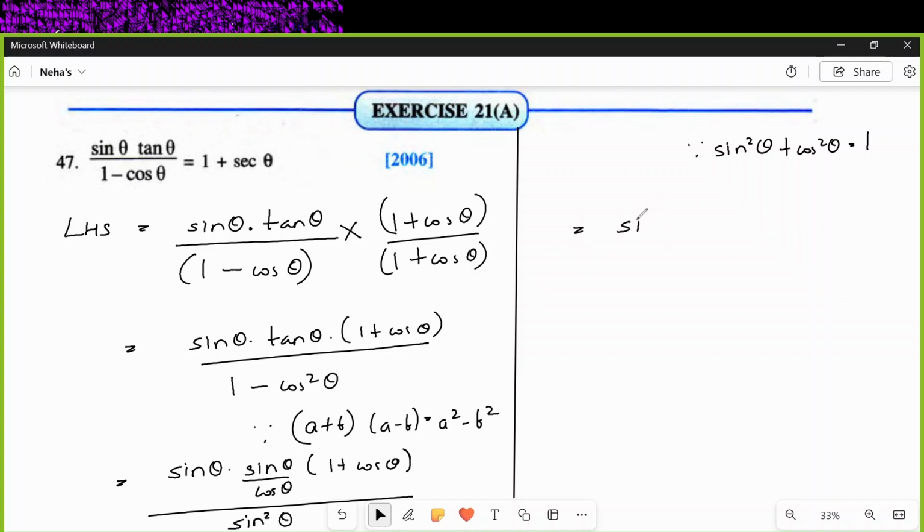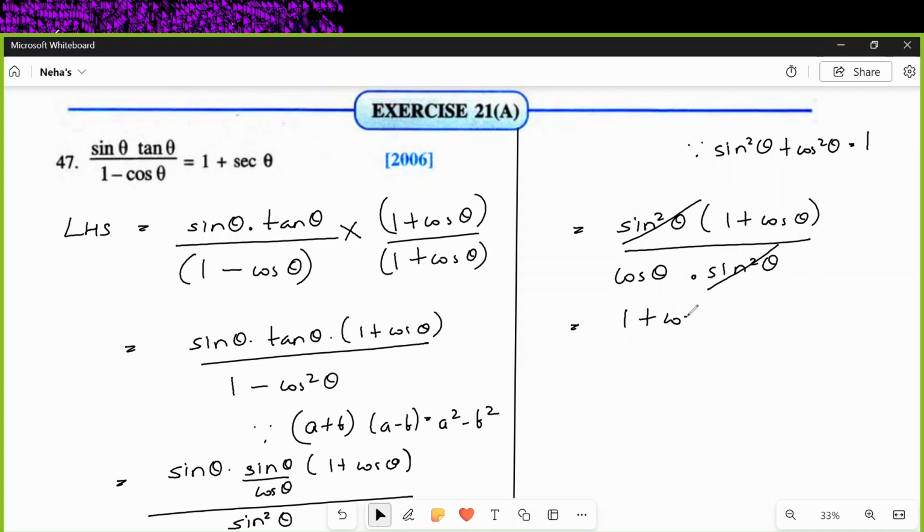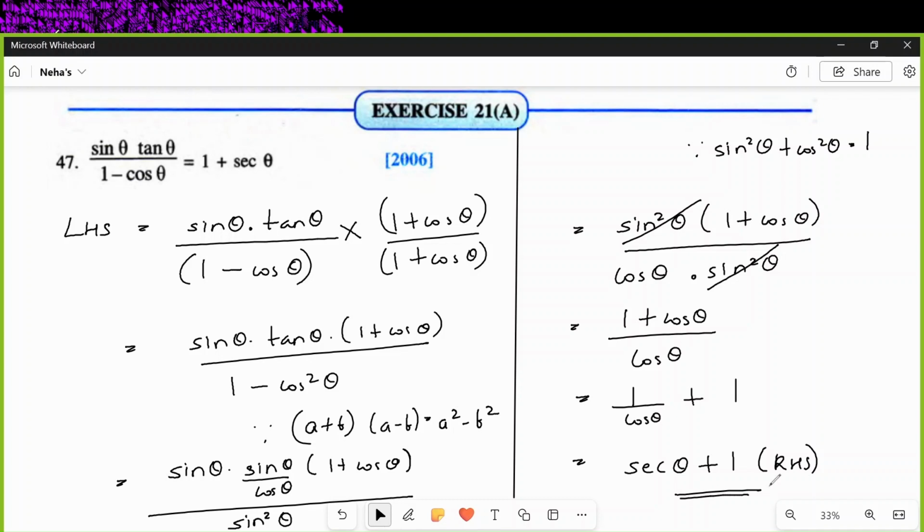Now, the numerator will become sin square theta into 1 plus cos theta divided by cos theta into sin square theta. Sin square theta will get cancelled out and we are left with 1 plus cos theta divided by cos theta, which now can be written as 1 divided by cos theta plus cos theta divided by cos theta, which is equal to 1. 1 divided by cos theta is equal to sec theta, and this is equal to the right hand side, and hence we have proved that the left hand side is equal to the right hand side.